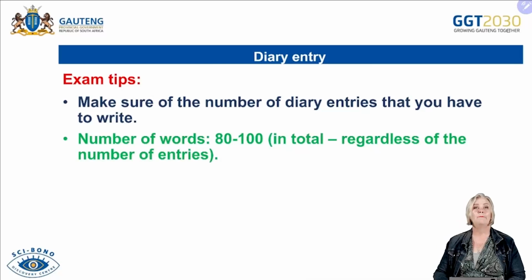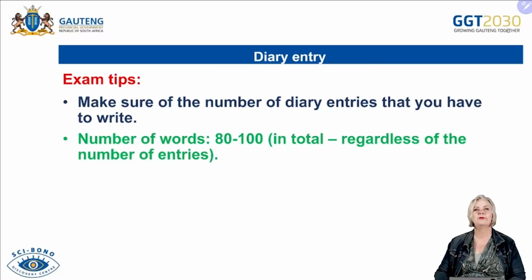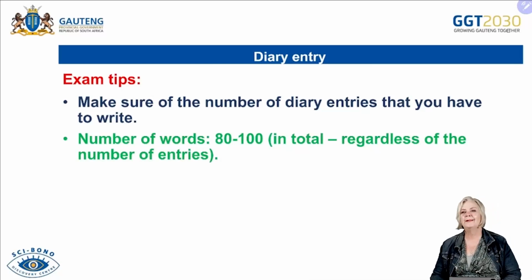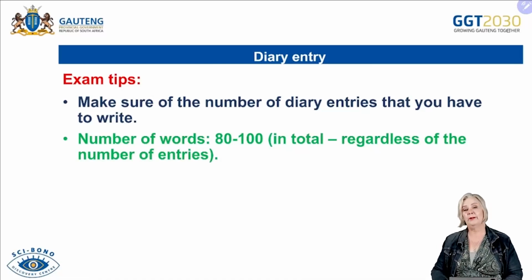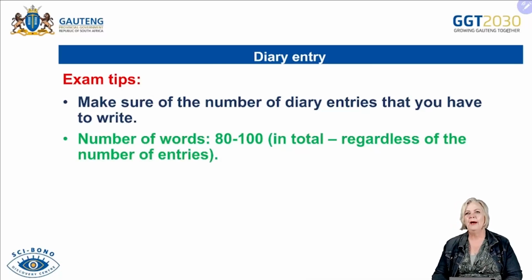Now, even if you are male, I think sometimes you look forward to your matric farewell and you are dreaming about the girl that you're going to ask to the matric farewell, or you're dreaming about the boy that's going to ask you, or if you're one of those girls that are straightforward, you might even ask a boy to the matric farewell. Now, a lot of planning goes into that, and you might want to write your diary entries on that.